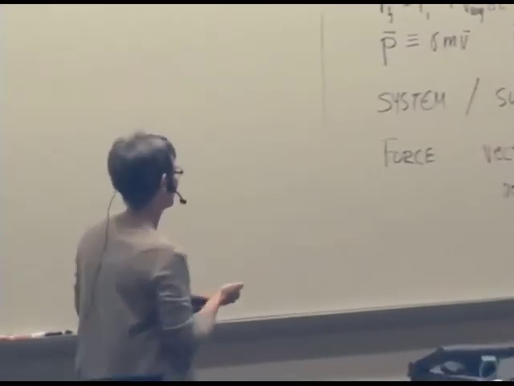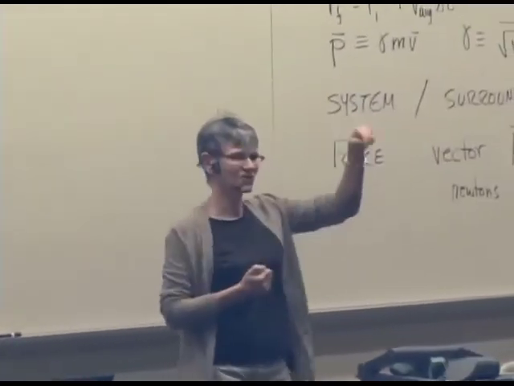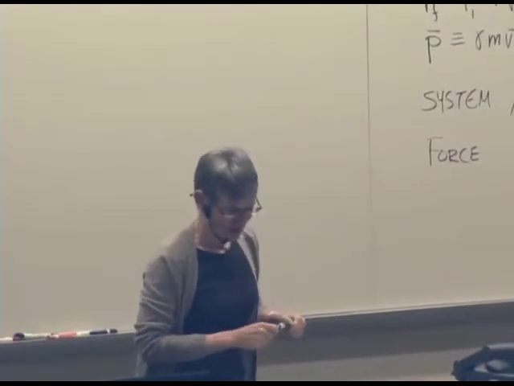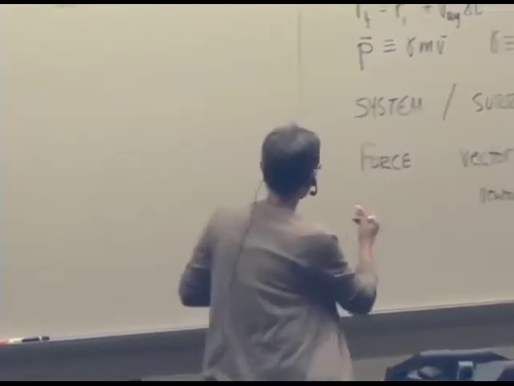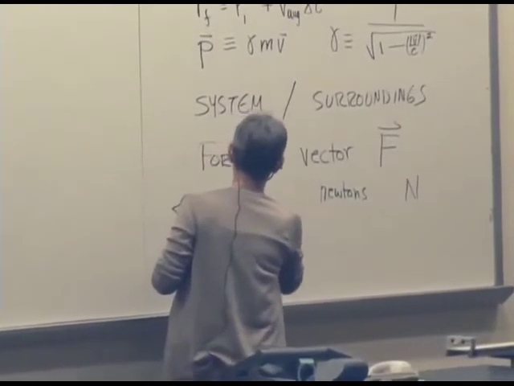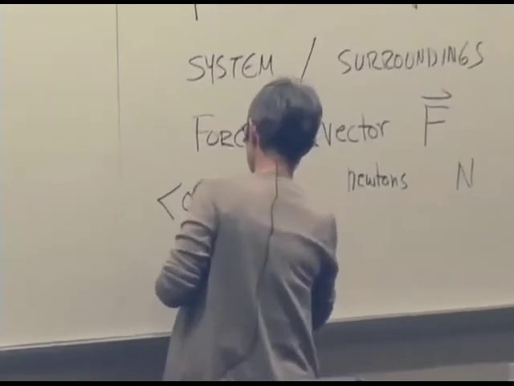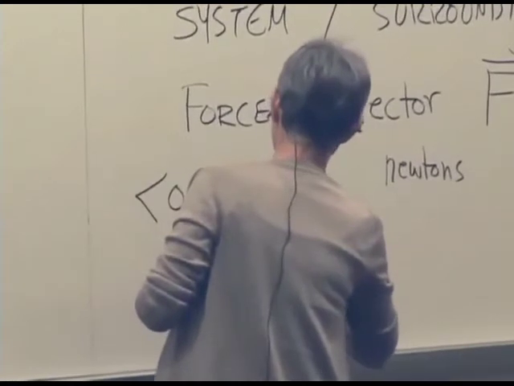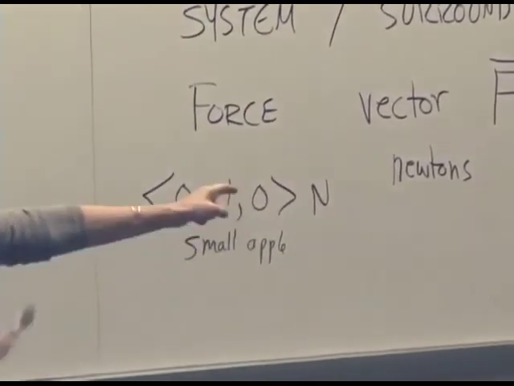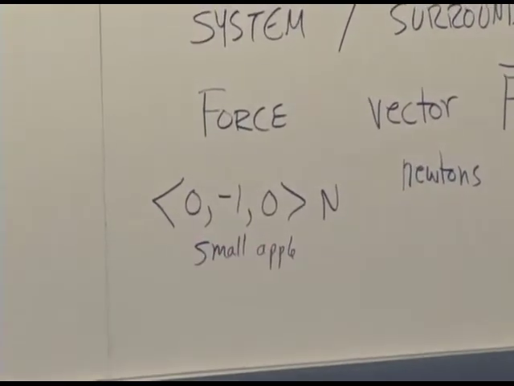So the famous apple that fell on Isaac Newton's head did so under the influence of a force of about 1 Newton. And of course we would write this as <0, -1, 0> newtons in our standard coordinate system, where x goes that way, y goes that way, z goes that way.